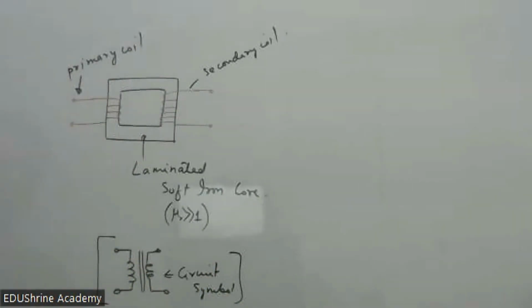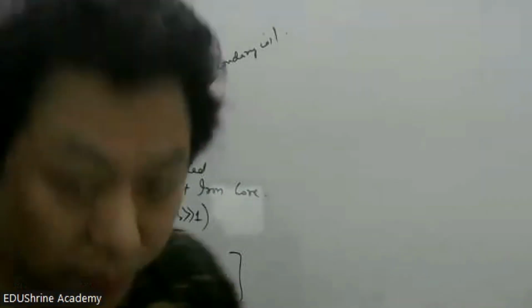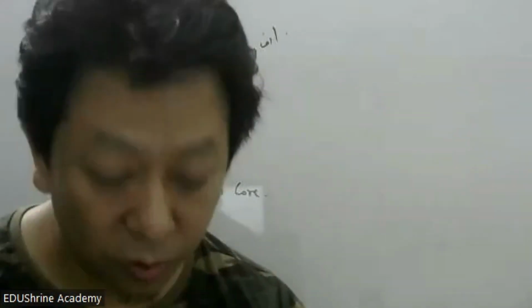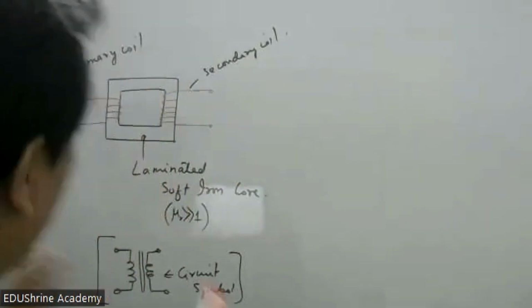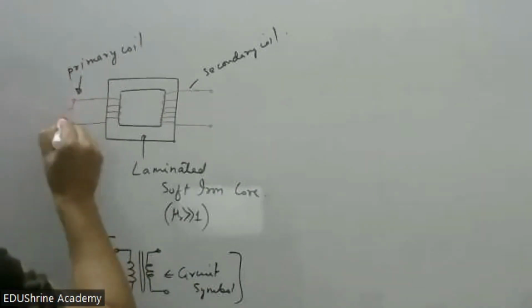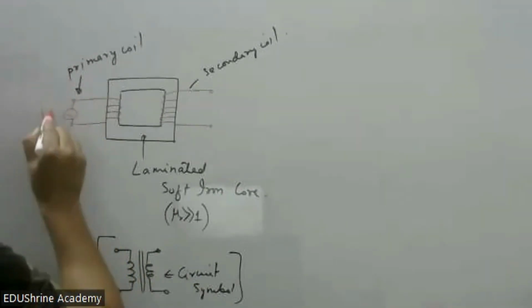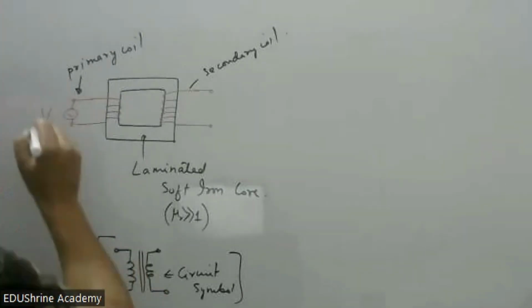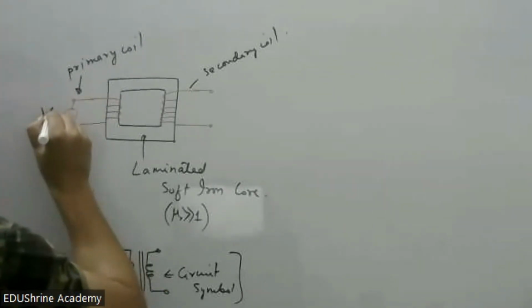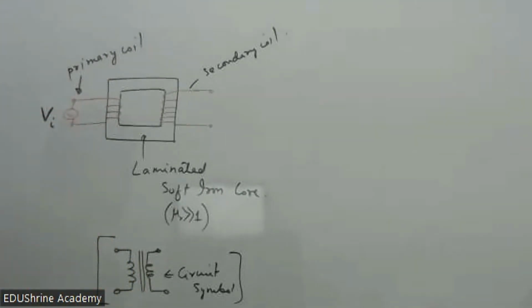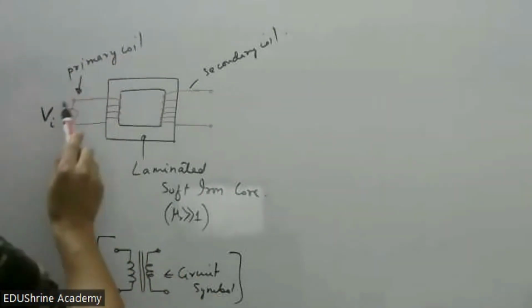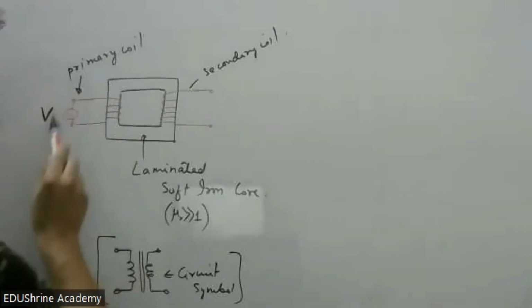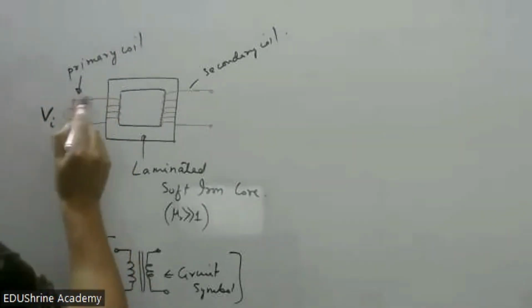Now, listen carefully. Whichever voltage you want to increase or decrease, that AC voltage, you have to connect here. So this is the input voltage VI. Okay, so the applied input voltage is VI. Now students, listen carefully once. As this current changes, because this is alternating voltage, the current here will alternate.